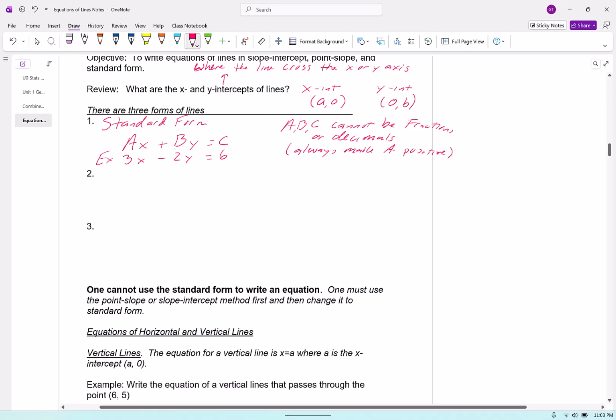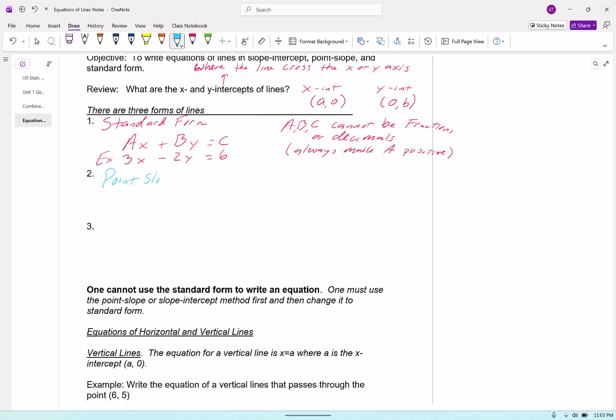We'll change colors here. The next one is the point-slope form. And so you're going to use this one often, so get familiar with it. So it's y minus y1 equals m(x minus x1).